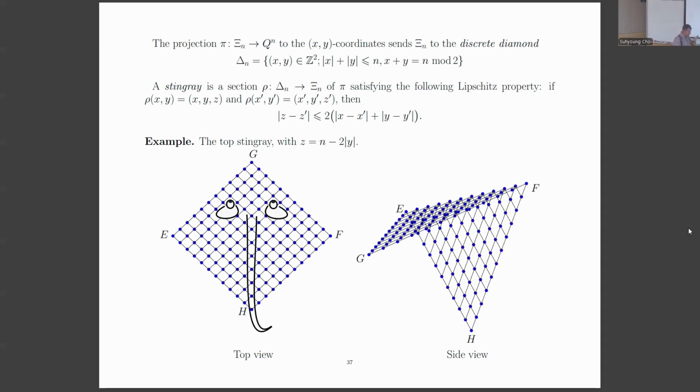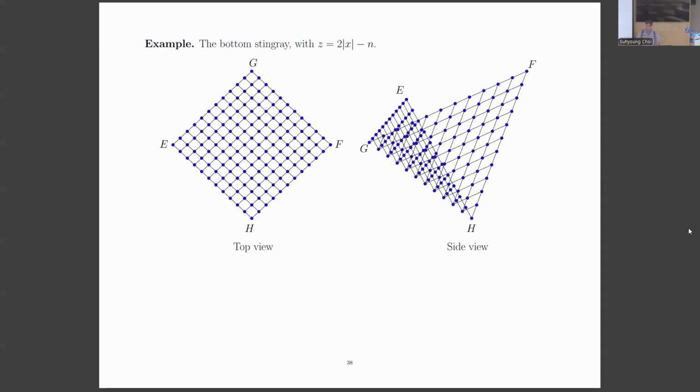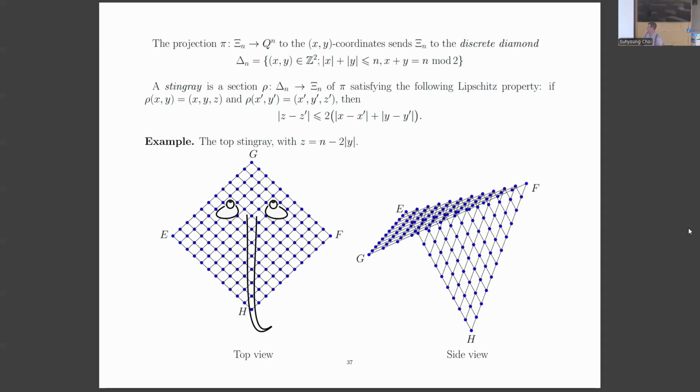And similarly, for the new invariants, they are in the bottom stingray. So again, the top view is very boring because it doesn't look like anything, but it's bent this way. And I realized that I skipped the definition of a stingray here.